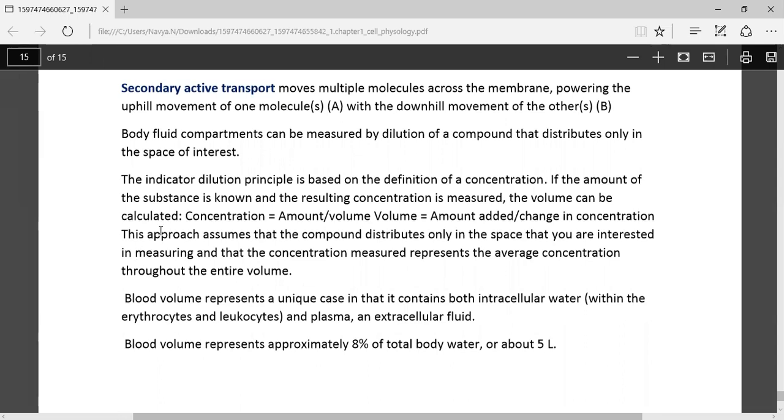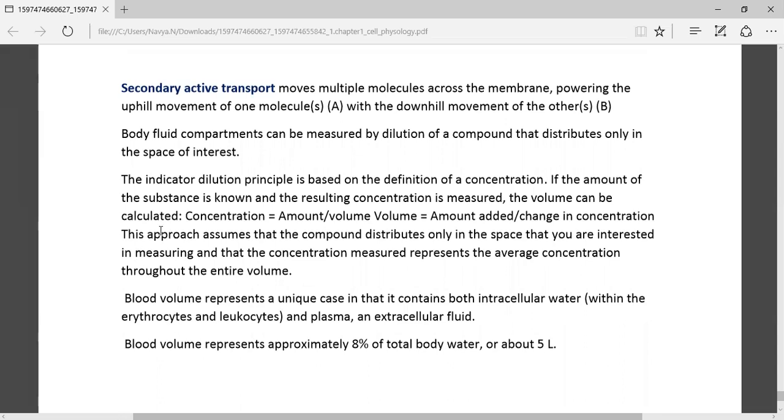If the amount of the substance is known and the concentration is measured, then the volume can be calculated: concentration equals amount divided by volume. So volume is the amount added divided by the change in concentration. This approach assumes the compound distributes only in the space of interest, and the concentration measured represents the average concentration.